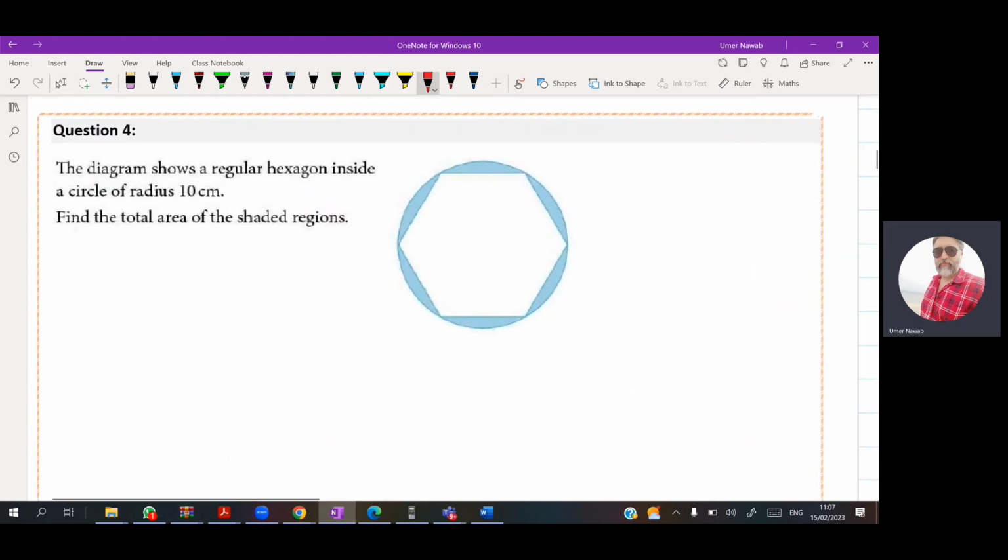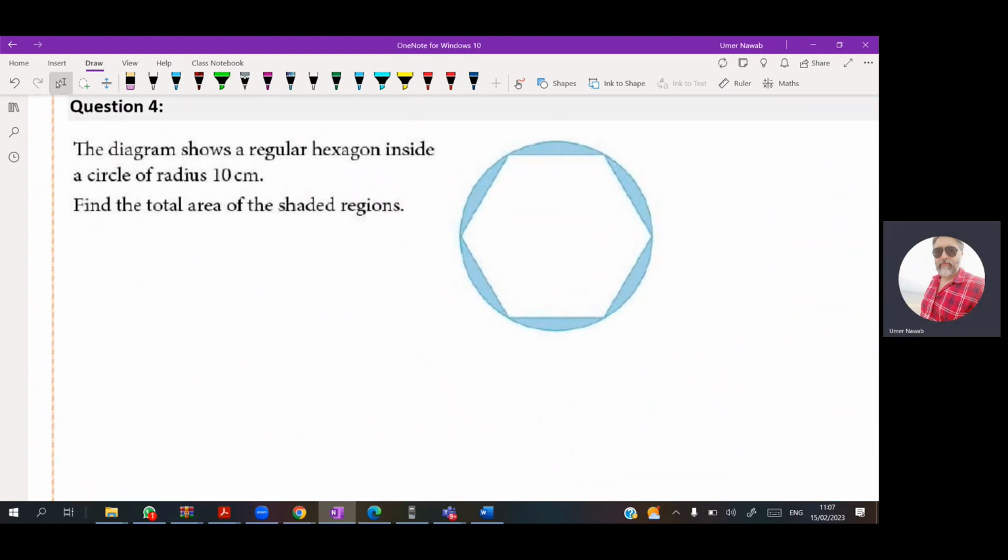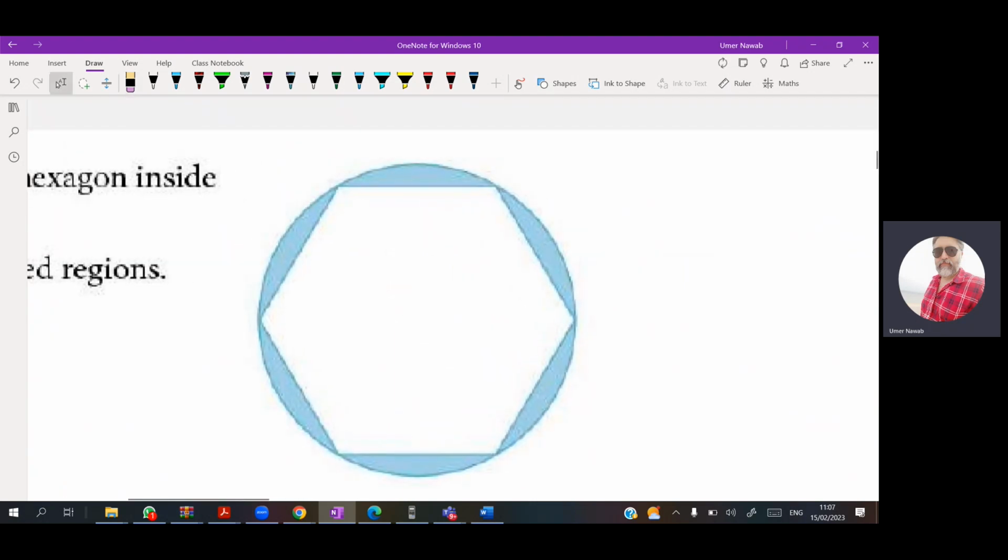Let's go to question number 4. Interesting question. It looks like the guy has made a regular hexagon inside the circle. It looks like an IGCSE question. So I want to find the shaded region. I remember in IGCSE I taught you these types of questions. Can I just make 6 equilateral triangles?